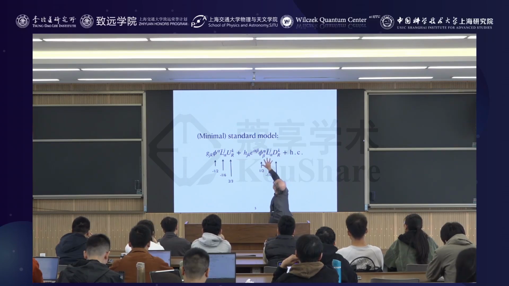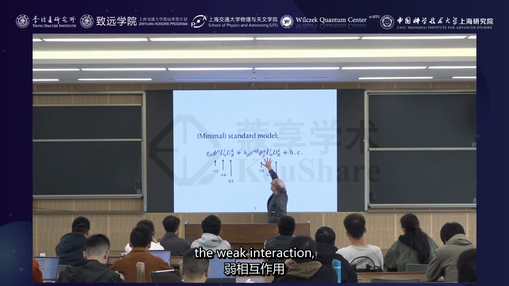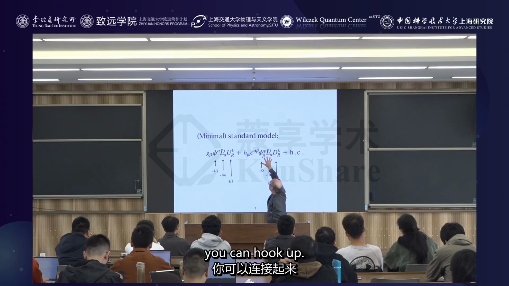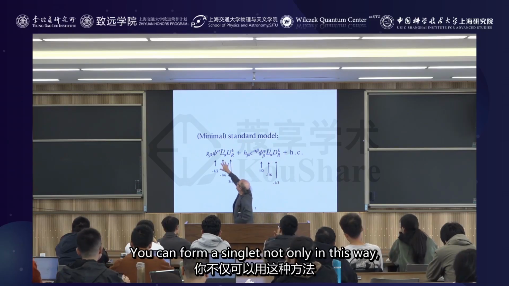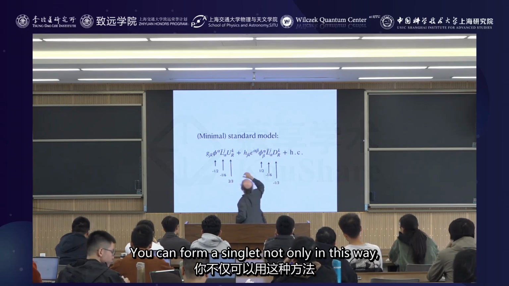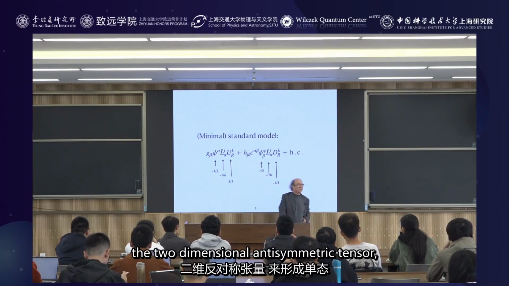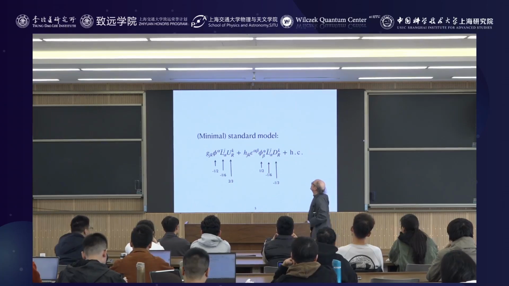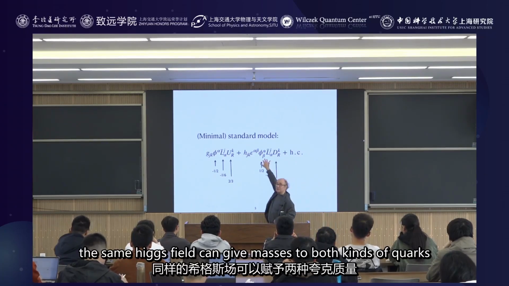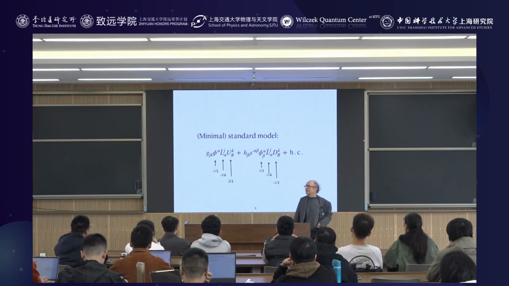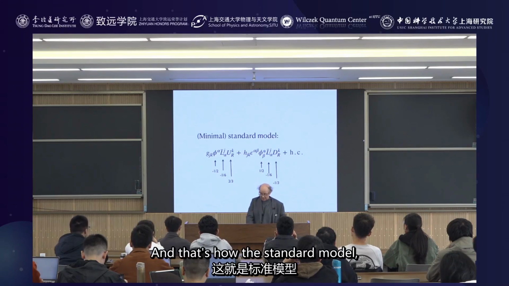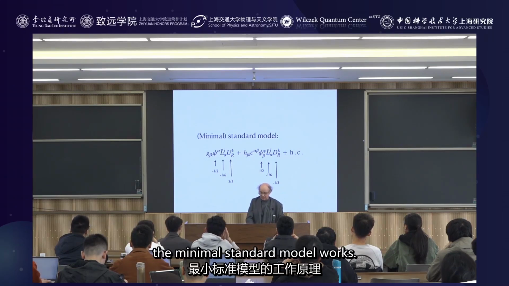And because it's SU(2), the weak interaction, you can form a singlet not only in this way, but also using the epsilon symbol, the two-dimensional antisymmetric tensor. So the same Higgs field can give masses to both kinds of quarks. Okay. So that's how the minimal standard model works.